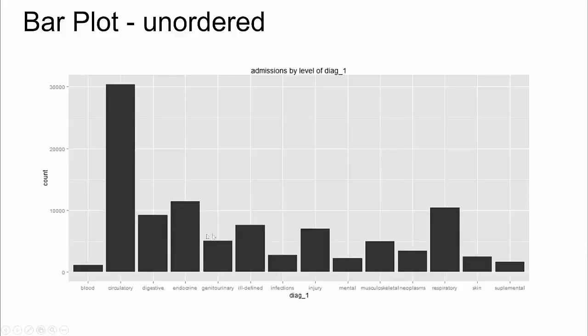And it starts to get harder and harder to see what's the order of importance of why these patients were admitted to the hospital. But we can also do an ordered bar plot. That's a specific aesthetic for a bar plot, ordering the bar plot.